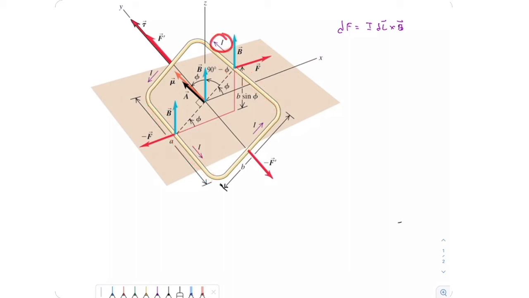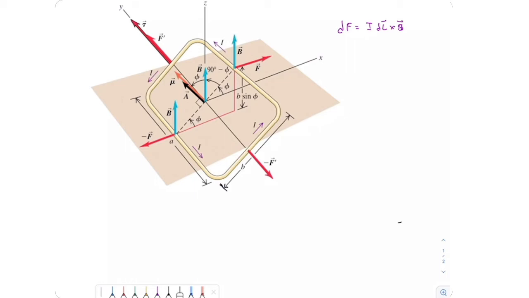And the current here is the same as the current there, because it's just two parts of the same wire. They're in series. Which means, if I look at this expression, the magnetic field's uniform, the current's the same, and the length of wire that I would integrate over is the same. It means the magnitude of this force and the magnitude of that force are going to be equal, but they're pointing in opposite directions.